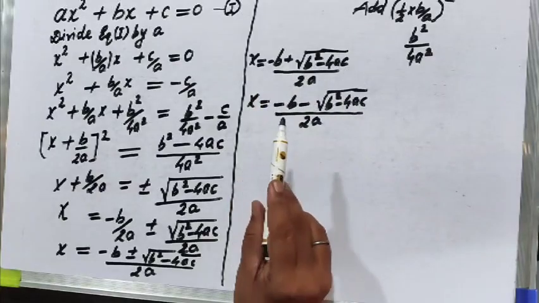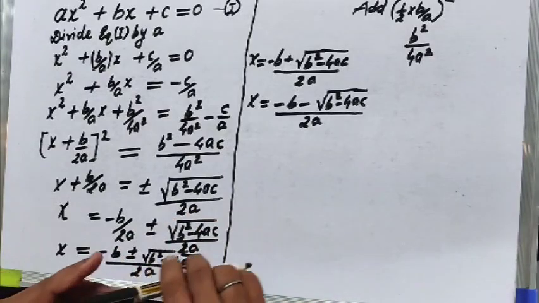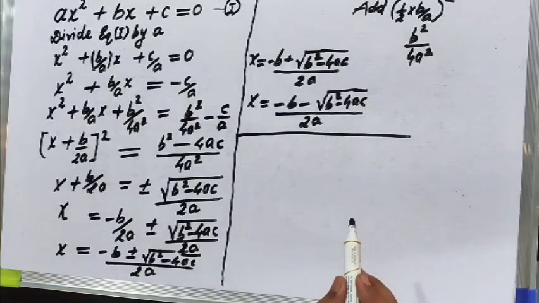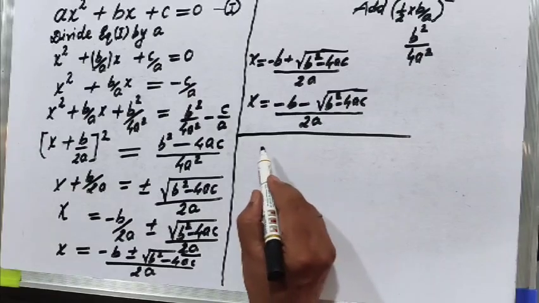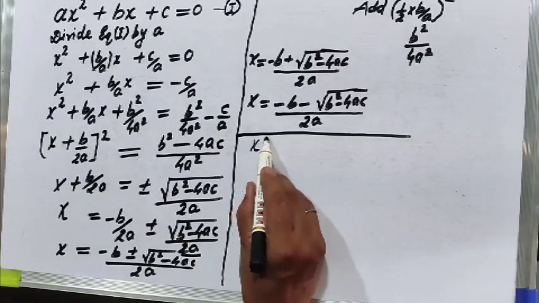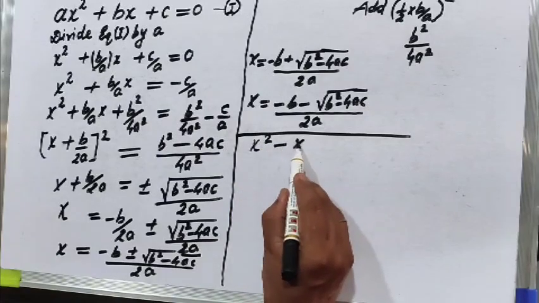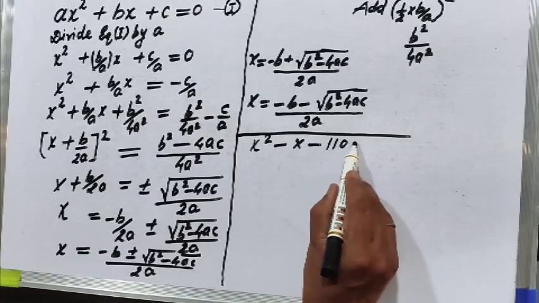So this formula is a useful formula to solve sums where numbers are very small. For example, I will give one illustration. Suppose you want to find out the roots of the quadratic equation x square minus x minus 110 equal to 0.